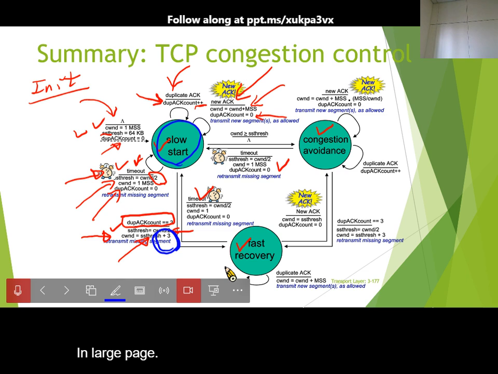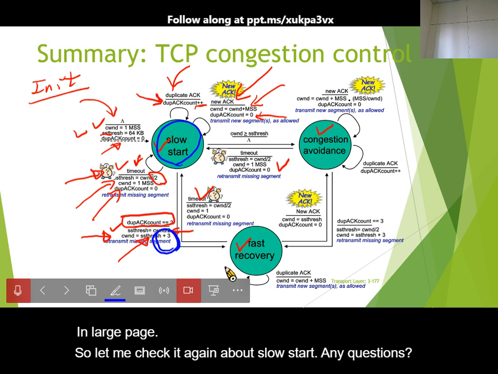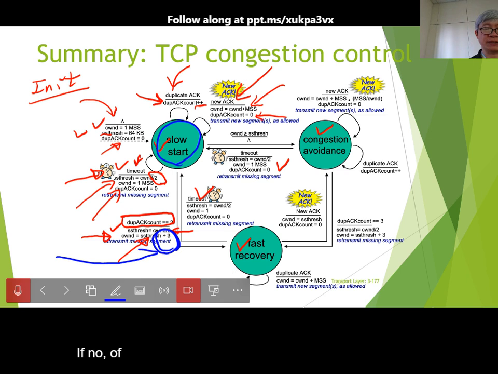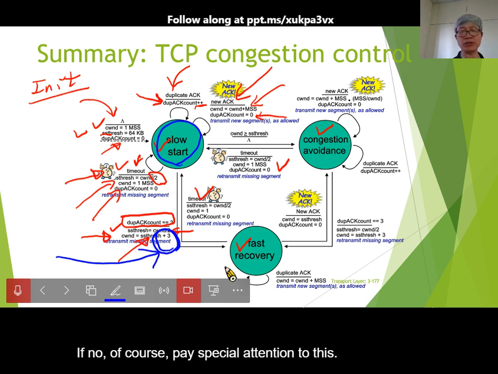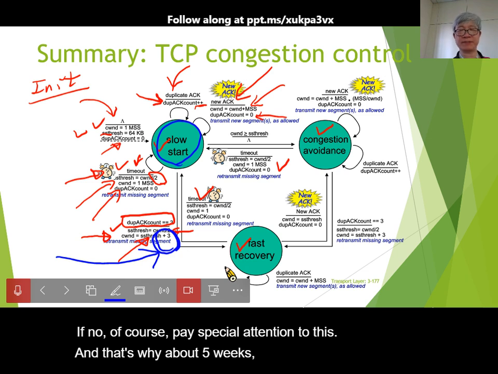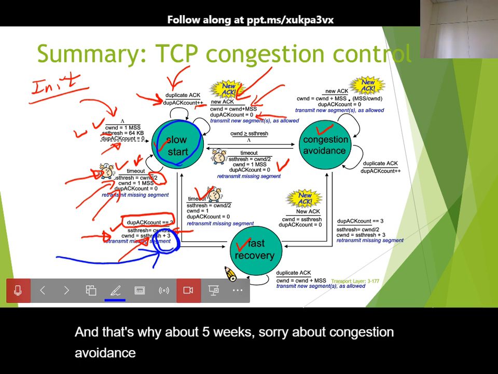Well, so let me check with you again about slow start. Any questions? If no, of course, pay special attention to these. And next one is about congestion avoidance. We still have one I didn't mention.